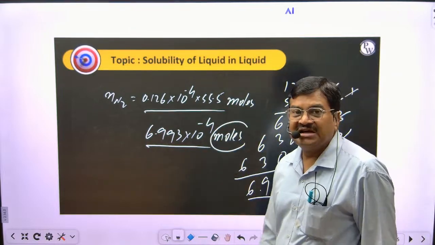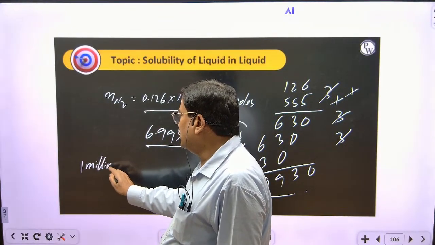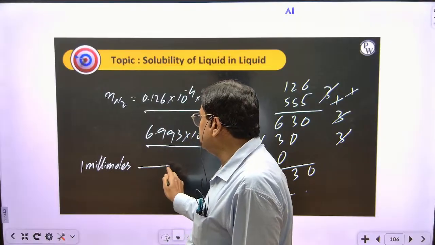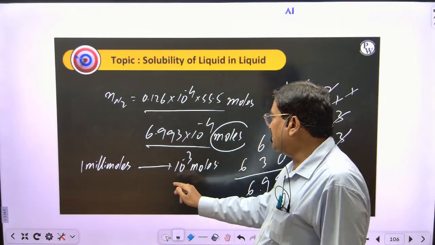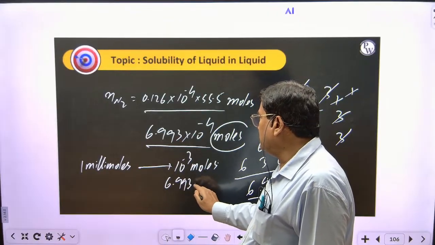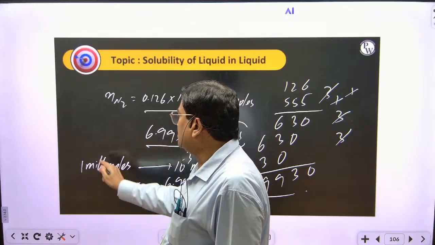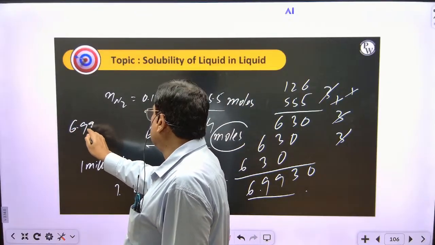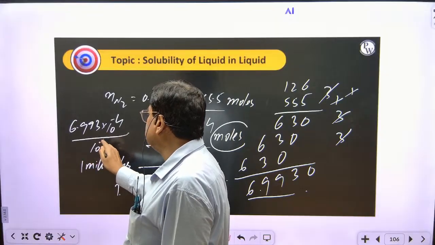But the option is asking in millimoles. And you know from first year, 1 millimole is how many moles, students? 1 millimole is 10 power minus 3 moles. Milli is the prefix. So for 6.993 into 10 power minus 4 moles, how many millimoles will it be? You divide 6.993 into 10 power minus 4 by 10 power minus 3.